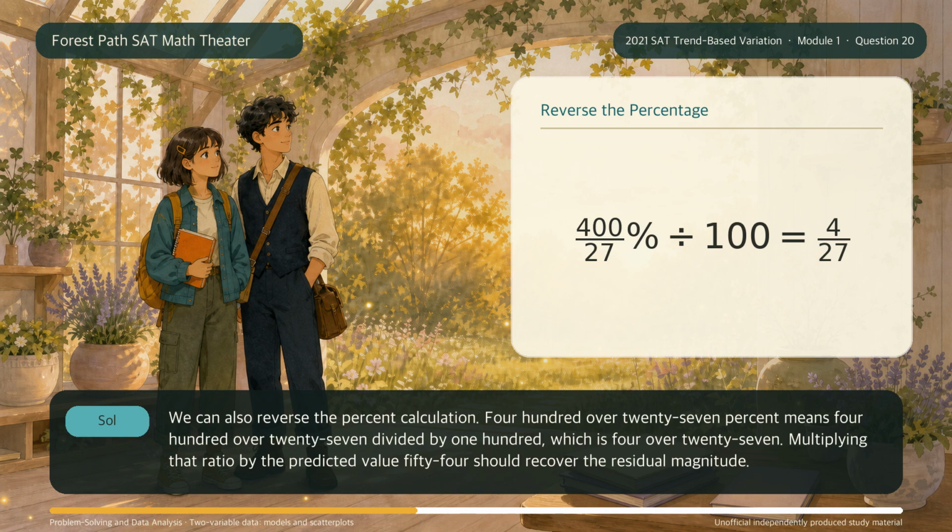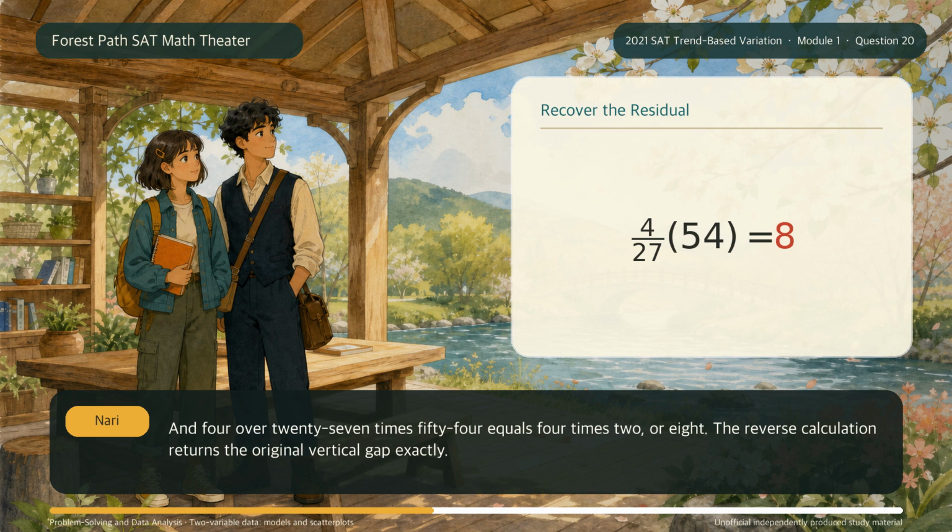Multiplying that ratio by the predicted value 54 should recover the residual magnitude. And 4 over 27 times 54 equals 4 times 2, or 8. The reverse calculation returns the original vertical gap exactly.